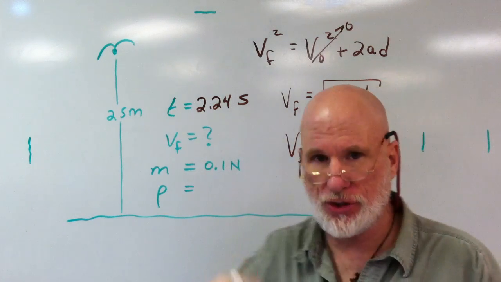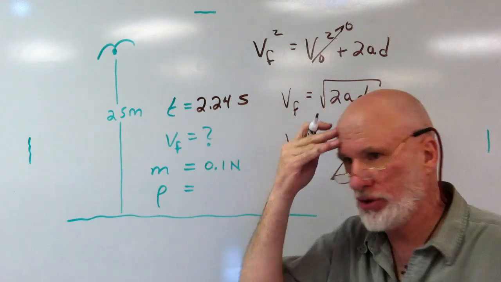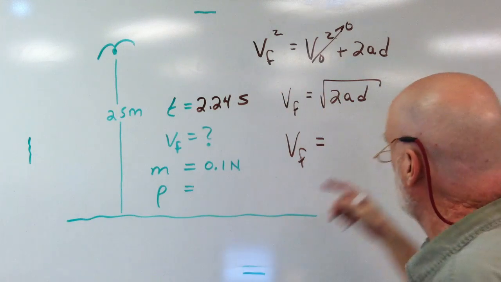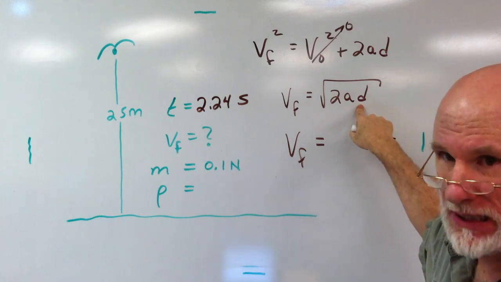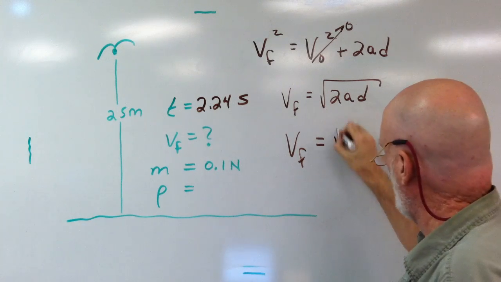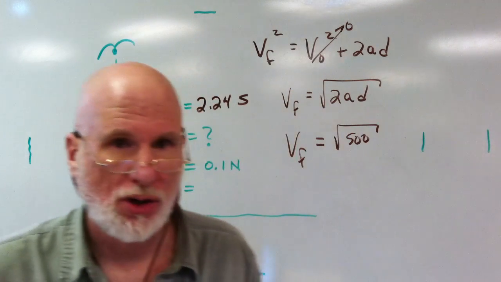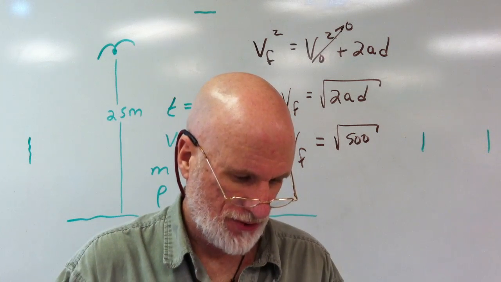V_f squared equals 2 times 10 times 25. 2 times 10 is 20, times 25 is 500. So what's root 500?